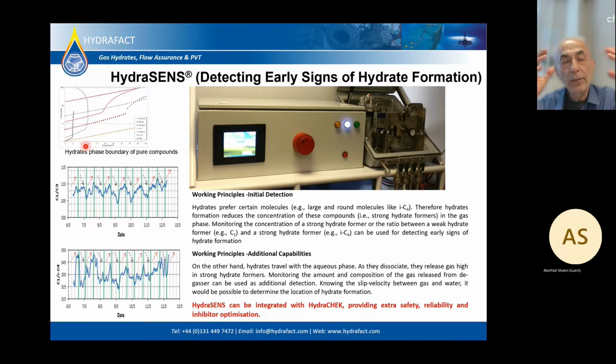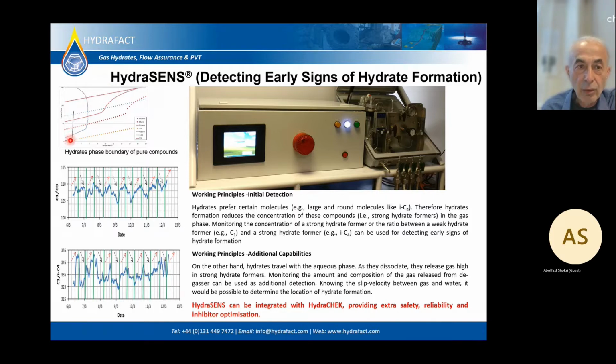You see that different gases have different attraction to form hydrate. And you see that some gases have a lot of attraction, some gases do not have a lot of tendency to form hydrate. For example, here nitrogen doesn't have any tendency, very little tendency to form hydrate.